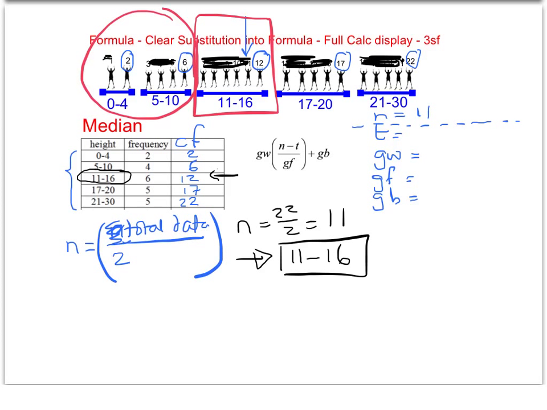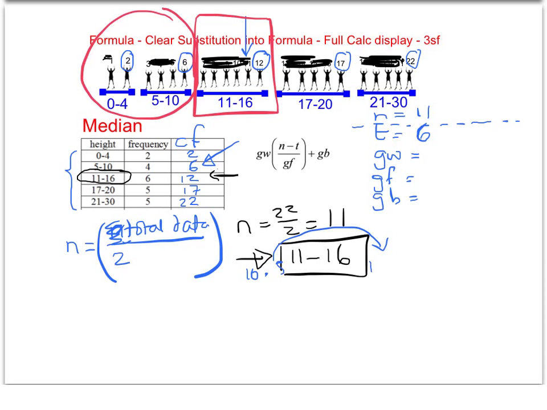And all the people before that, that's t, the total number of people before our group. So that's 6, and you can see it on cumulative frequency just above the 12, that's a 6. Now everything else is quite easy because it's just from our group, 11 to 16, that we're interested in. The group width, well, the lowest the group goes is 10.5 because there's a gap between 10 and 11 on the table.